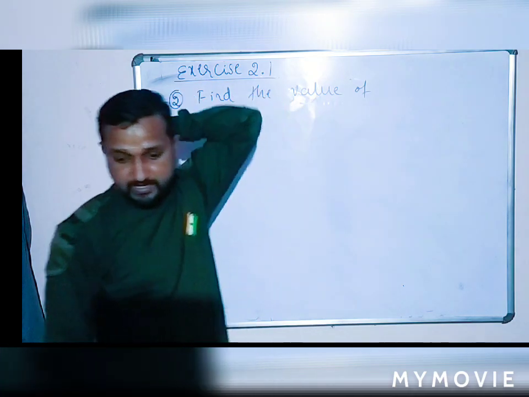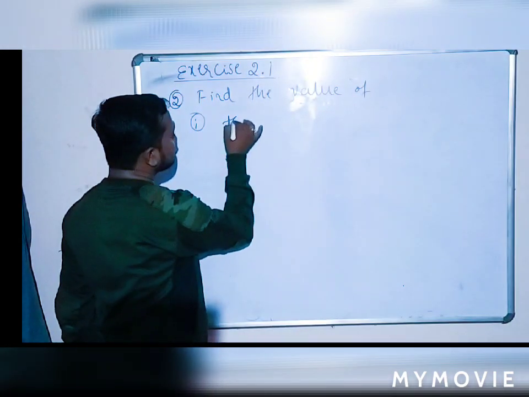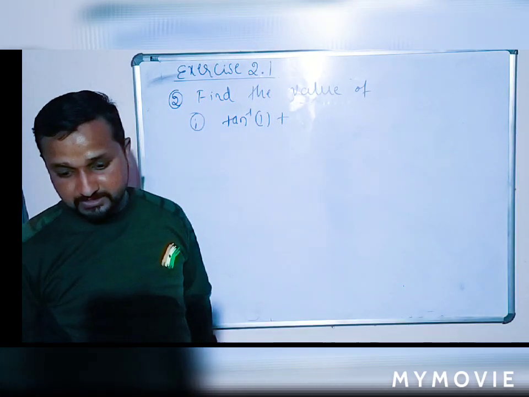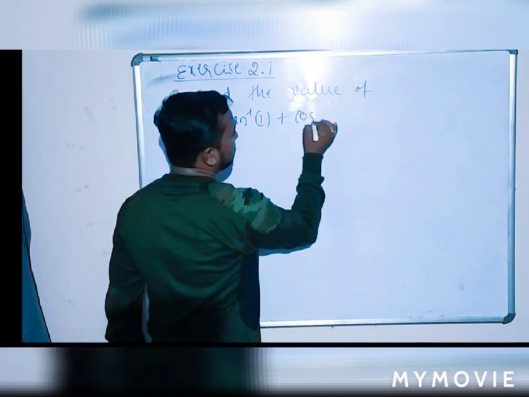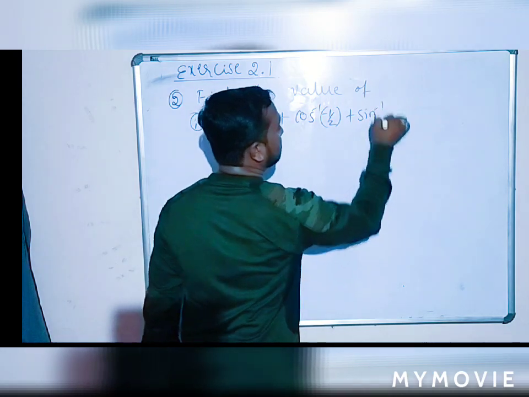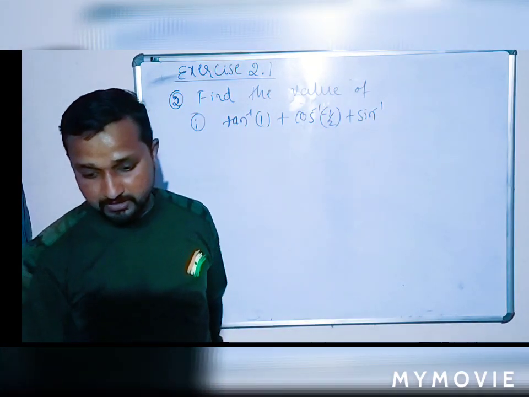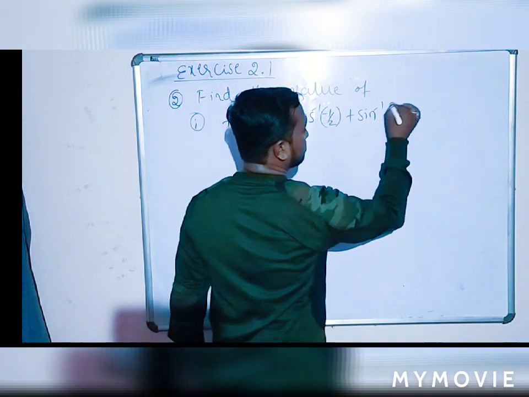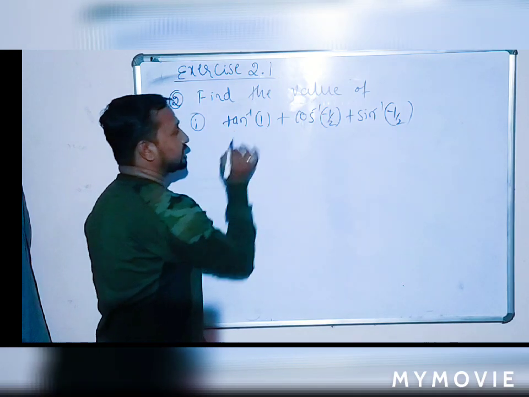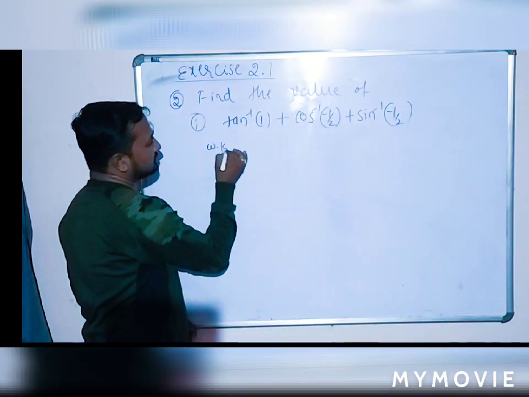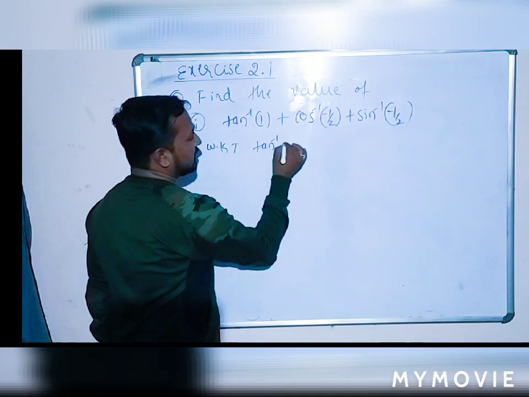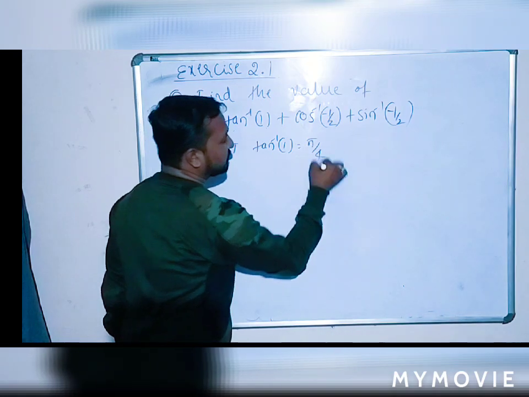Find the value of, in that first one: tan inverse of 1 plus cos inverse of minus 1 by 2 plus sin inverse of minus 1 by 2. Very simple. Tan inverse of 1, we know that tan inverse of 1 is equal to pi by 4 directly.